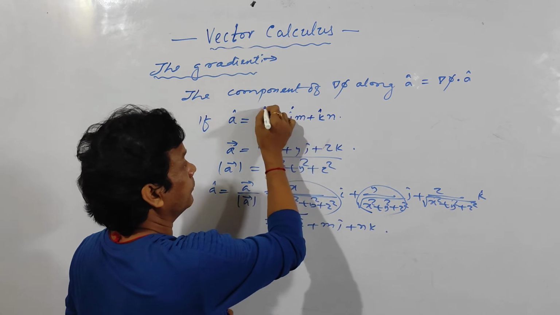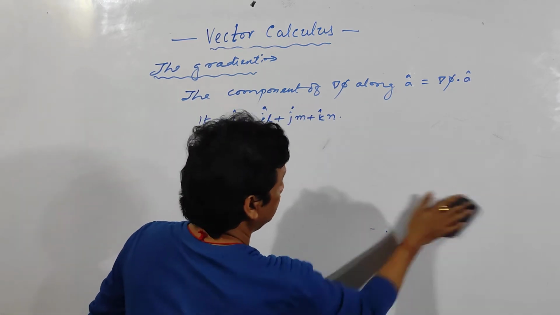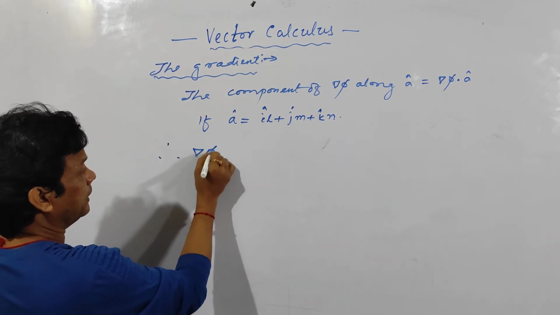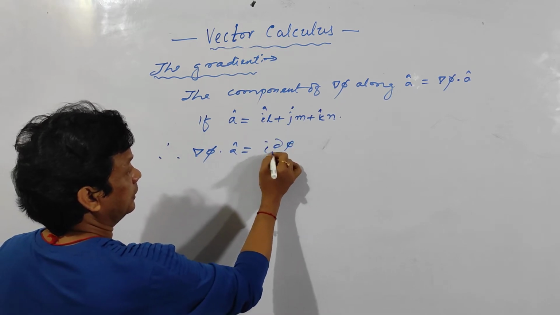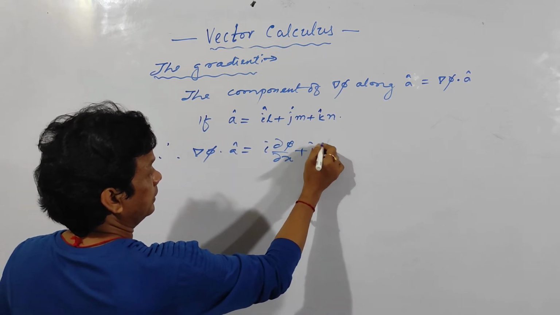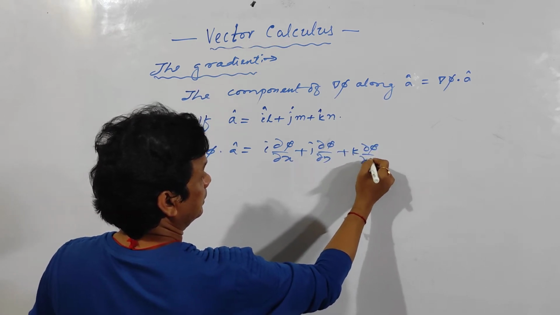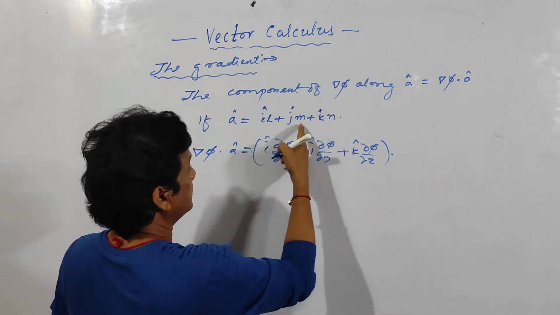Clear? So if A cap is equal to this one, then what is the value of this one? See here. What is grad phi dot A cap? Grad phi is I del phi by del x plus J del phi by del y plus K del phi by del z. Dot. What is A cap?